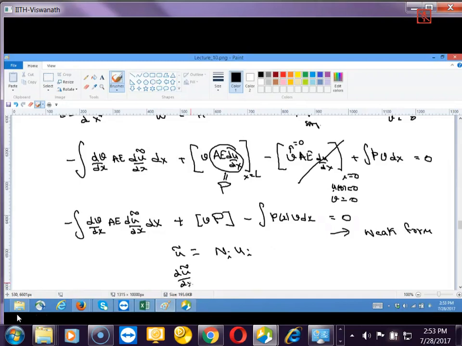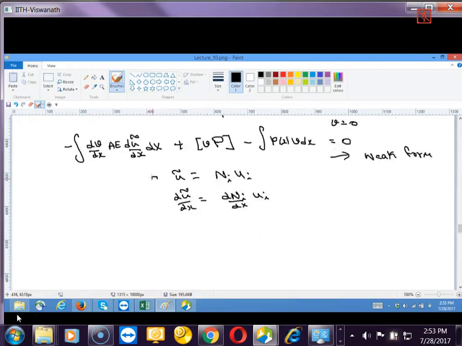Because v is your best friend, which should be the same as u, with the same confidence I can write that v is equal to Ni vi, and dv by dx is equal to dNi by dx vi. So this is what I require to substitute back in here. Now I am in a better shape.